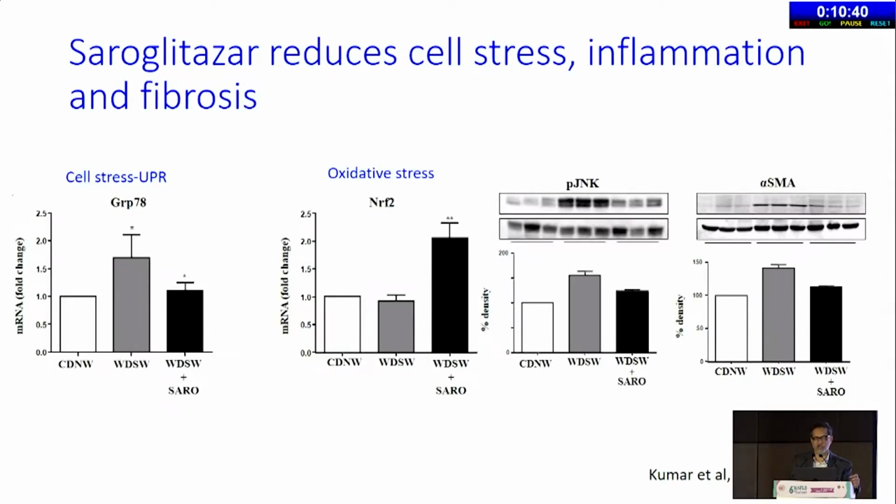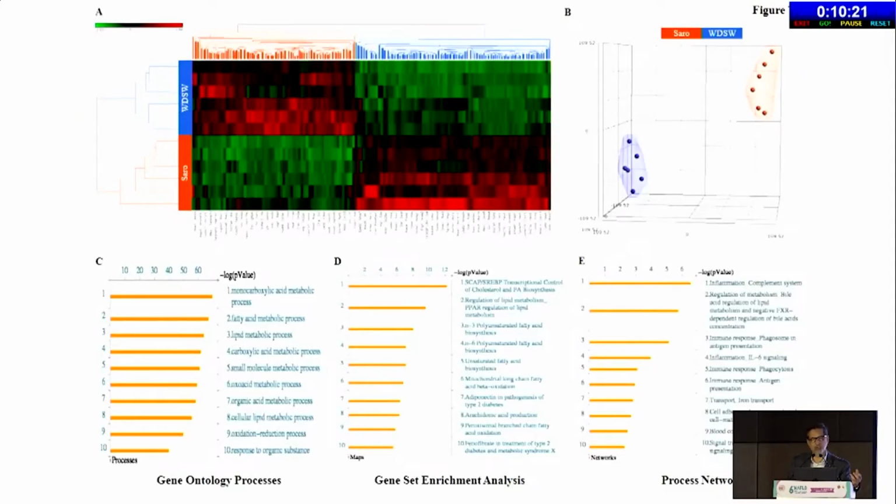It improves oxidative stress. And JNK is a very important inflammatory pathway, and you can see that it completely shuts down the JNK that is associated with Western diet. And it reduces smooth muscle actin, which is a marker of fibrogenesis. And this also shows that it has a big footprint in terms of the immune inflammatory response.